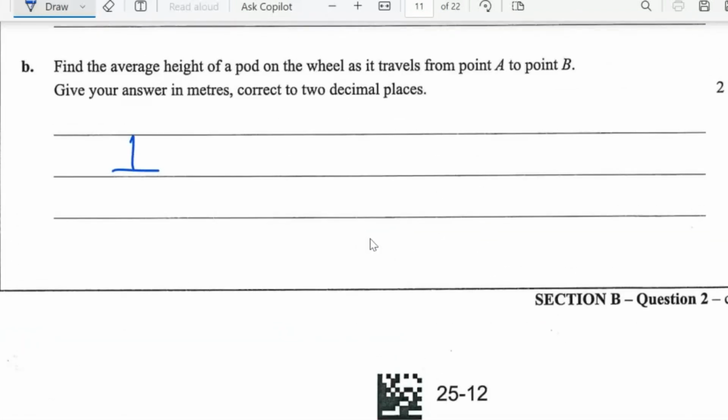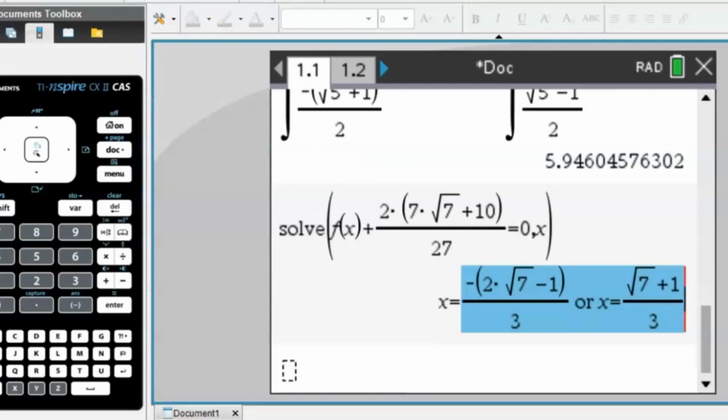So that's going to be 1 over 7.5 minus 0, times h of t.